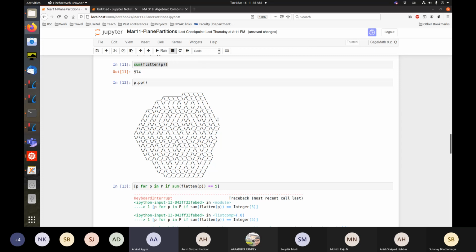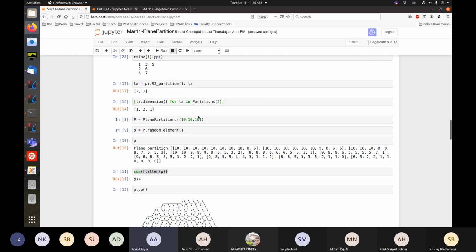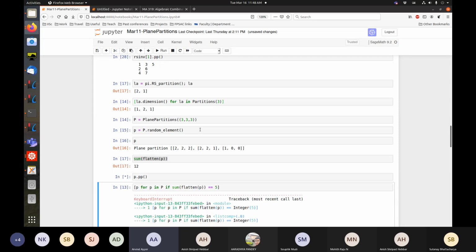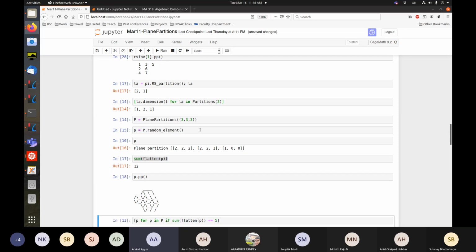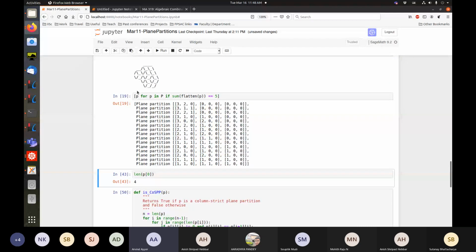So this is the key for the interrupt command. Maybe I should do 5, okay, let me not even be that ambitious. Let me just do 3. So this is what it looks like, and now let me list all of them which are of size 5. So there are so many.